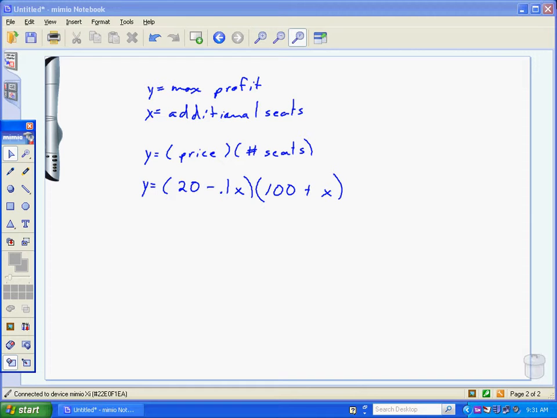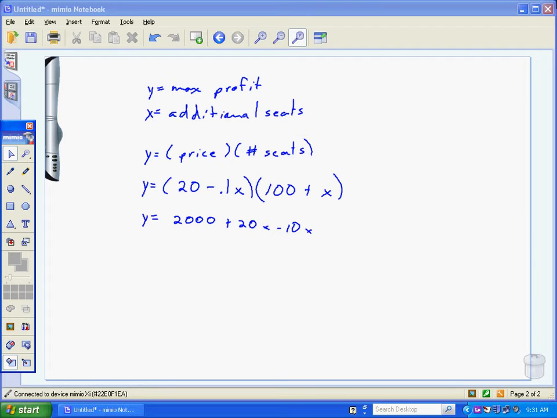Well, let's multiply this all out and get a quadratic that we can solve or complete the square for and find the maximum. So when I do this, I get 20 times 100 is 2,000. This is the second part where grade 11 will mess up. 20 times x is plus 20x. 10% of 100 is 10, so minus 10x.